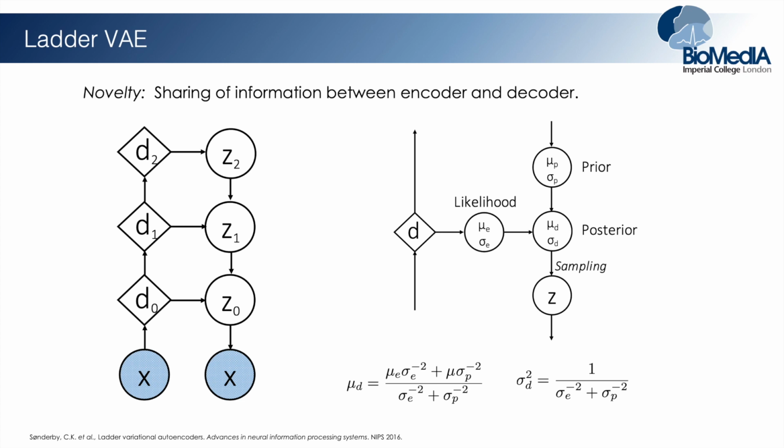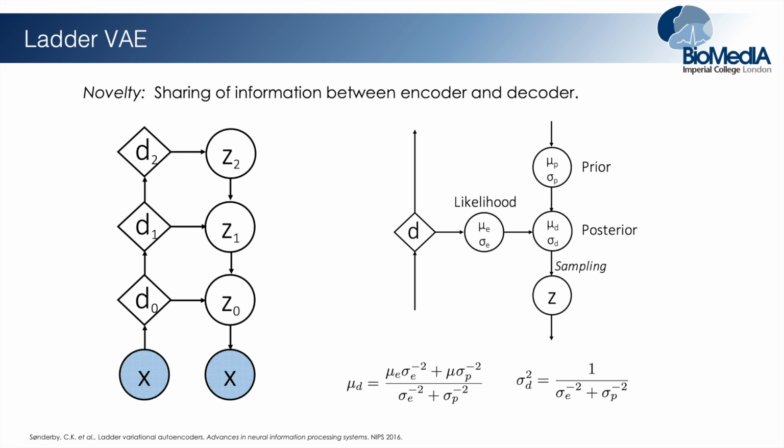In the encoder network, we compute an estimation mu and sigma for the latent variable at that level, which we call the likelihood estimation of that set of variables. This estimation is then merged with the prior estimation of mu and sigma that you get from the previous level in the generative model. You can combine them using a weighted sum, as you can see here, to get a new estimation of mu and sigma that we call the posterior distribution.